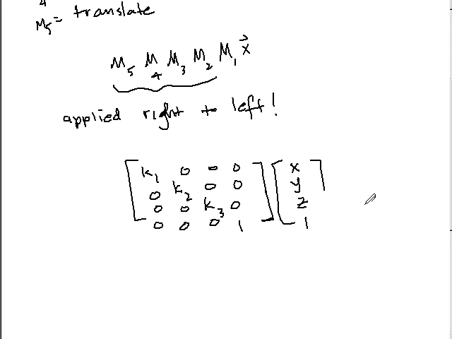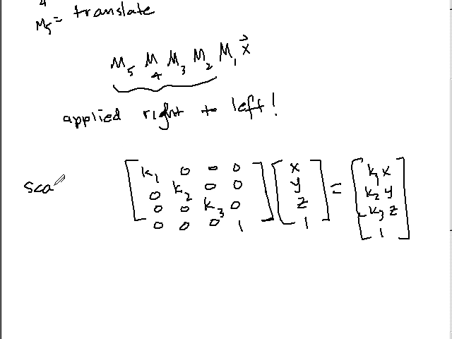Well, it's k1 times x, k2 times y, k3 times z, followed by 1. The 1 is just in there to make it homogeneous. So this is a scaling matrix. If it's a diagonal matrix with constants here, this is scaling.